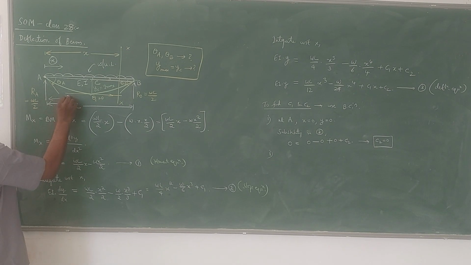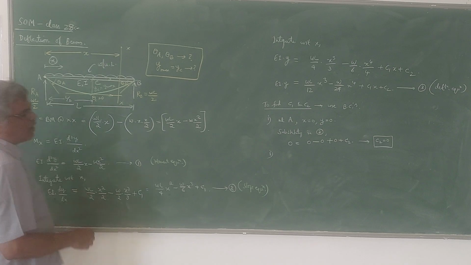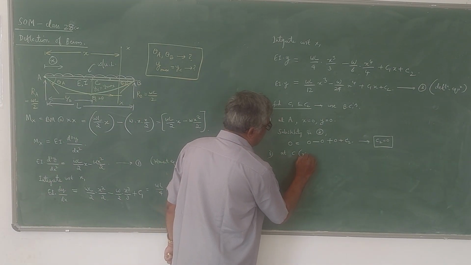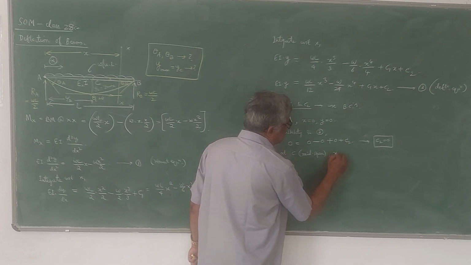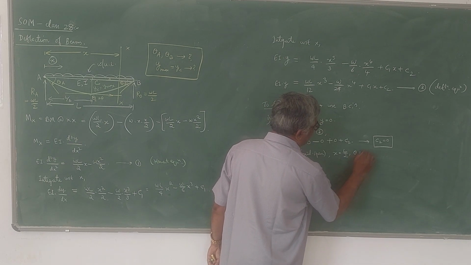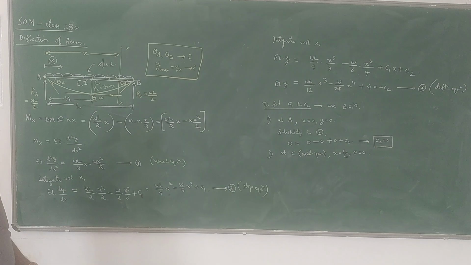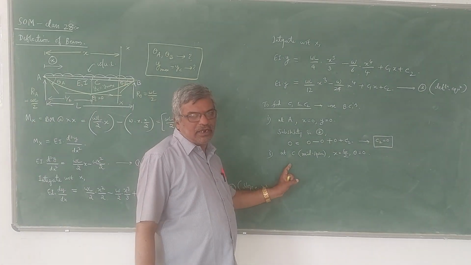It is L by 2, because x measured from A to C is half of the span. C is the midspan point, A is the support. So x is equal to L by 2 and theta is equal to 0. Please note that. This is the second boundary condition. Whenever you have a symmetrical beam, you can make use of this boundary condition.